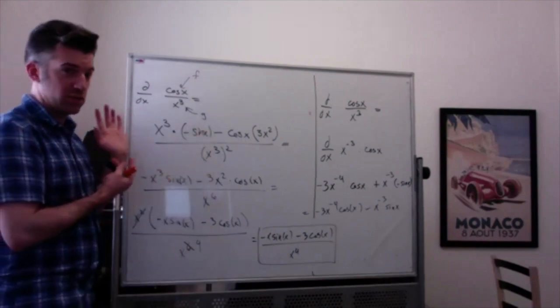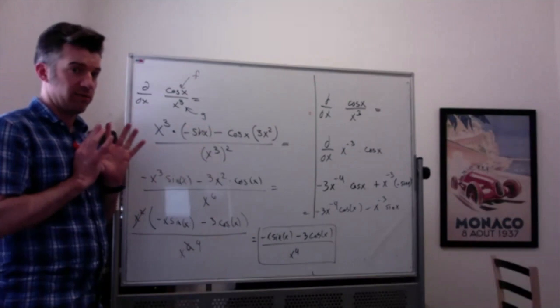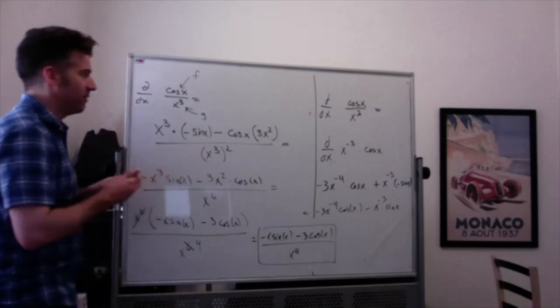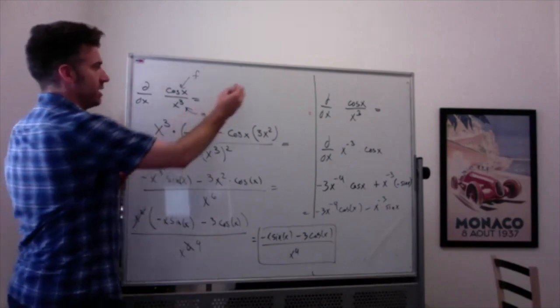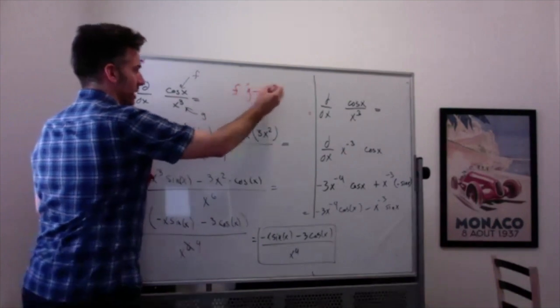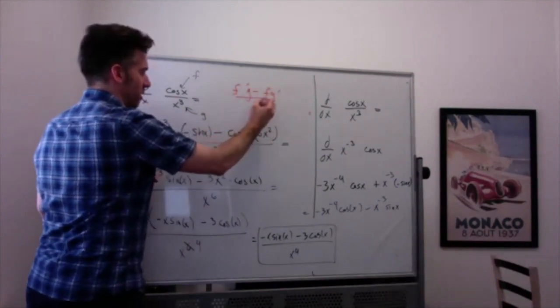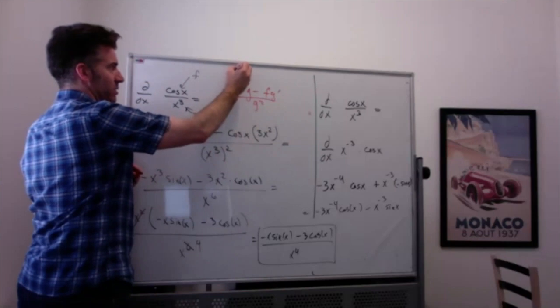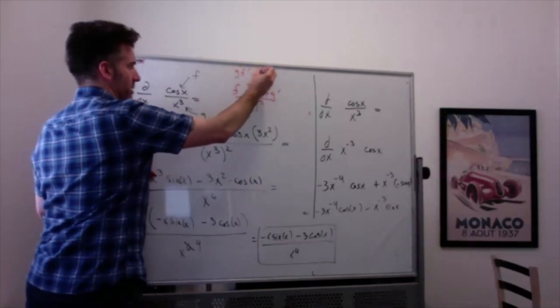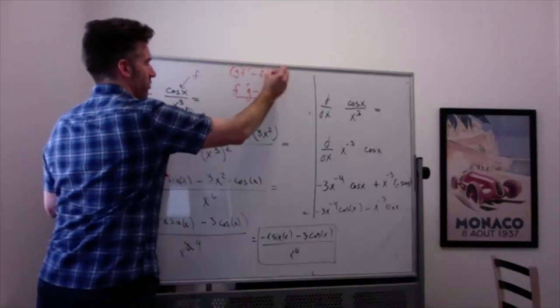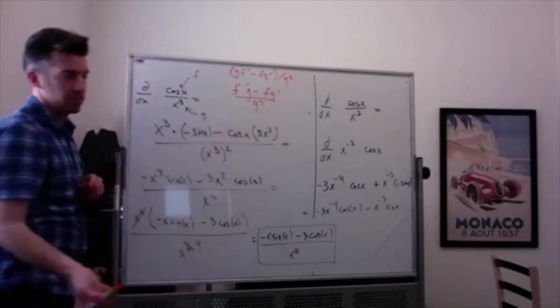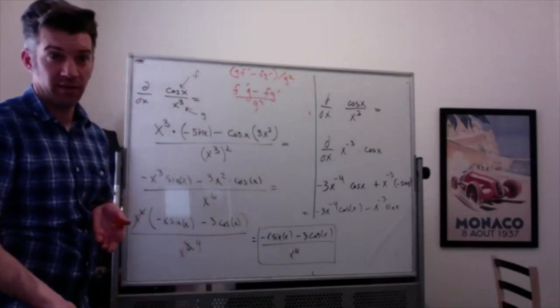I do my quotient rule slightly out of the regular order, and that instead of doing it as f prime g minus f g prime all over g squared, I often write it as g f prime minus f g prime all over g squared, because that's the way the words come out of my mouth. Right?